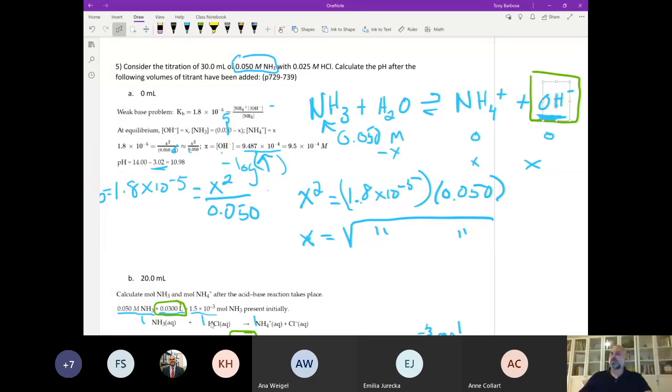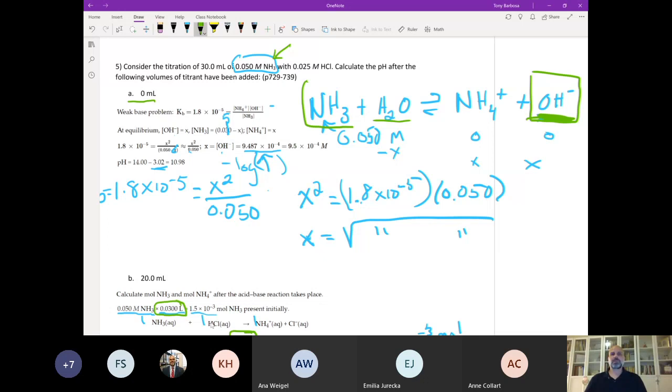The reason you would know is because in your problem you have some type of base, and in this case it's not reacting with any acid. All you're taking into account is the reaction of the ammonia reacting with water to give us the hydroxide ions on the right-hand side.